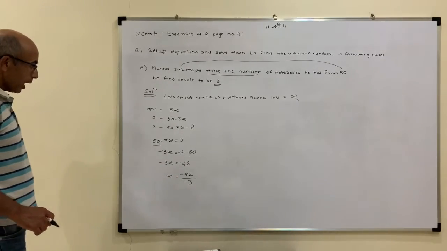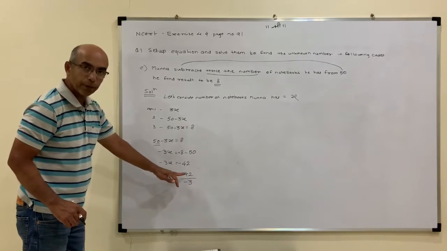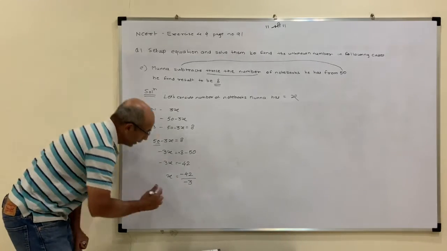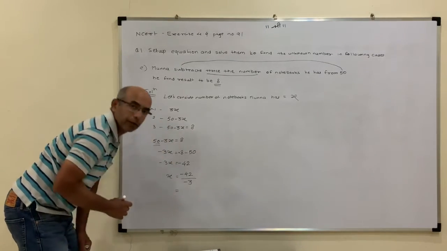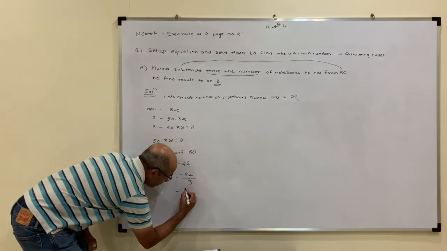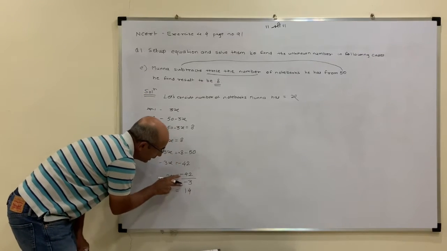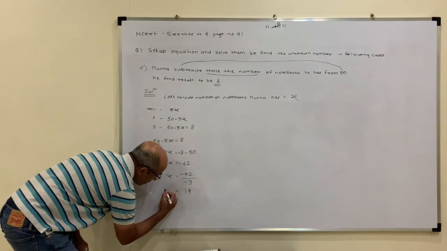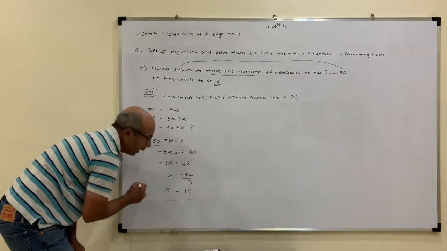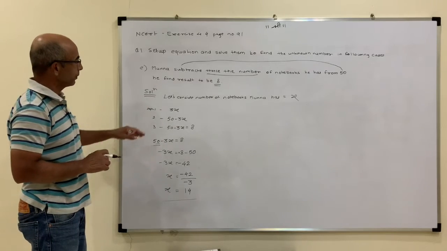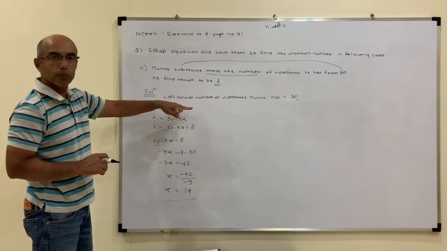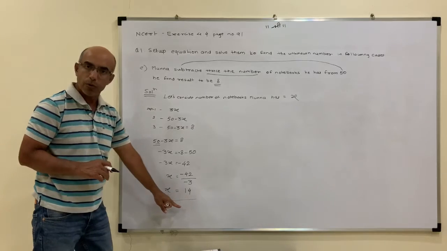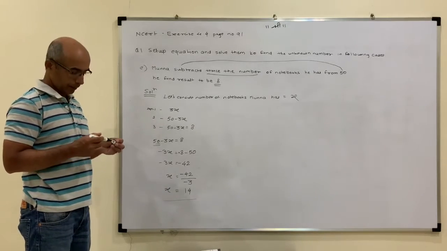Now I am dividing 42 by 3. So 14 3s are 42. So my answer is 14. Since the signs are same, my number comes out to be a positive number. So x equals 14. So the number of notebooks Munna has equals 14.